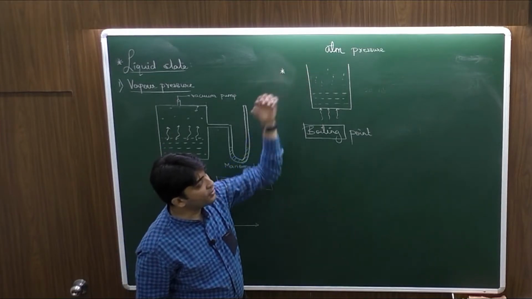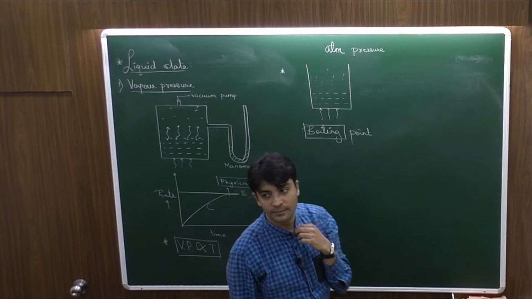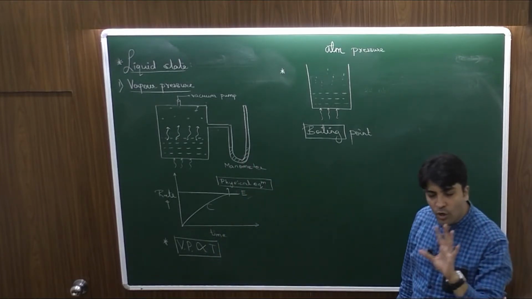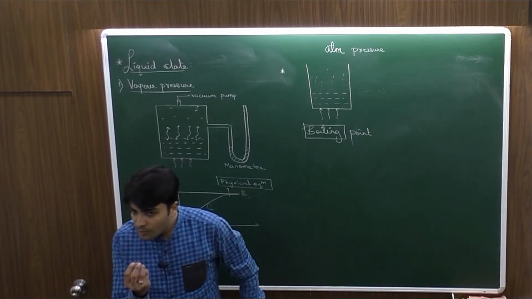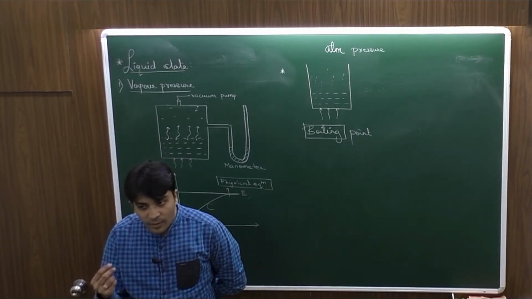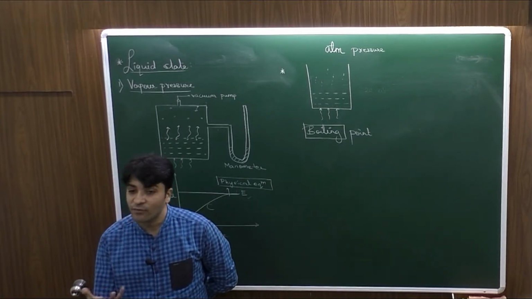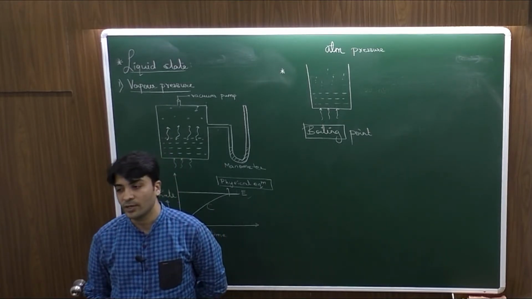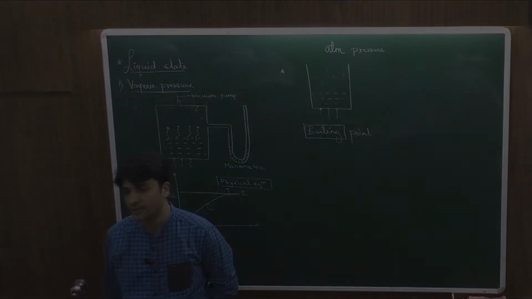So at that point of time, even the molecules which are present at the bottom of the container will start boiling. Very good. If you have observed water boiling, then even the molecules at the bottom will be converted into the gaseous state. Bubbles form. So as bubbles form, you say the liquid has started to boil, and that is the boiling point of the liquid. In case of water, it will be 100 degrees Celsius.